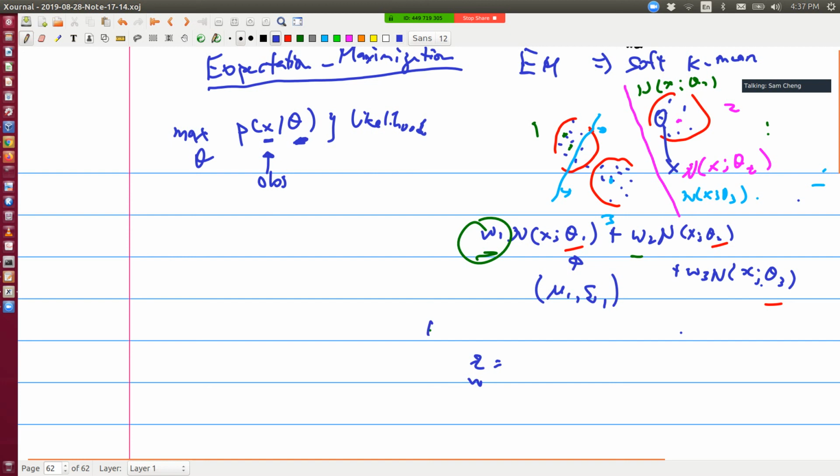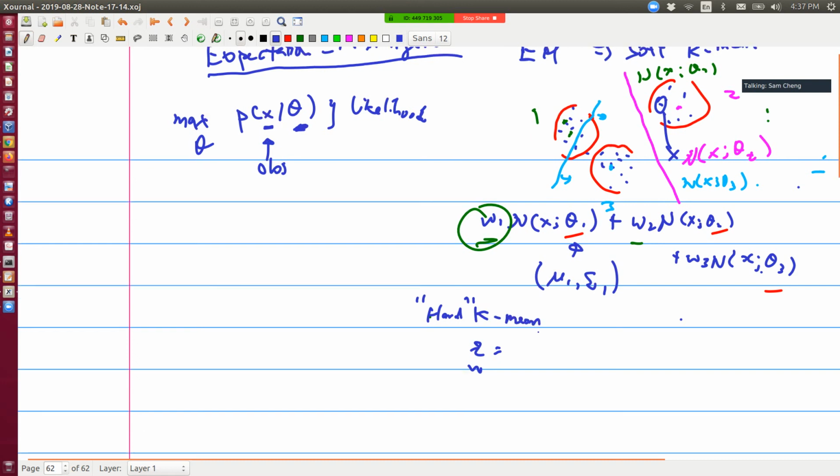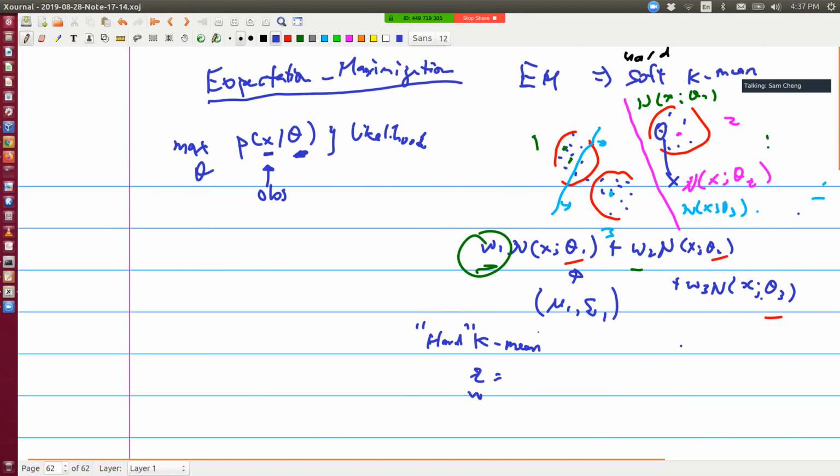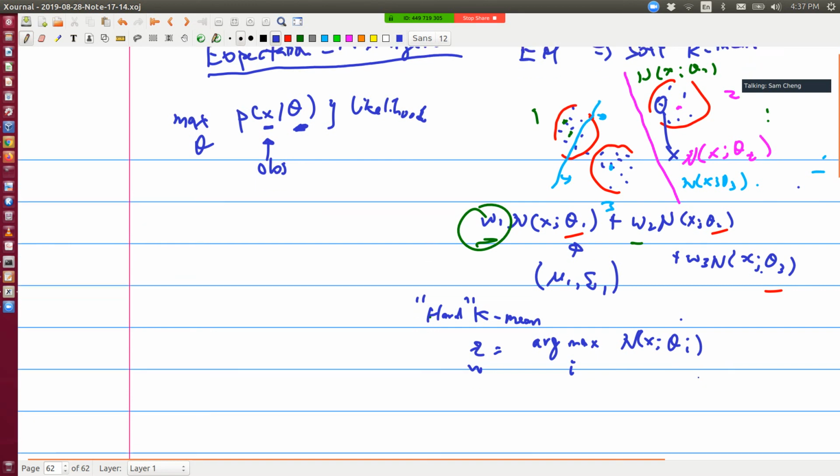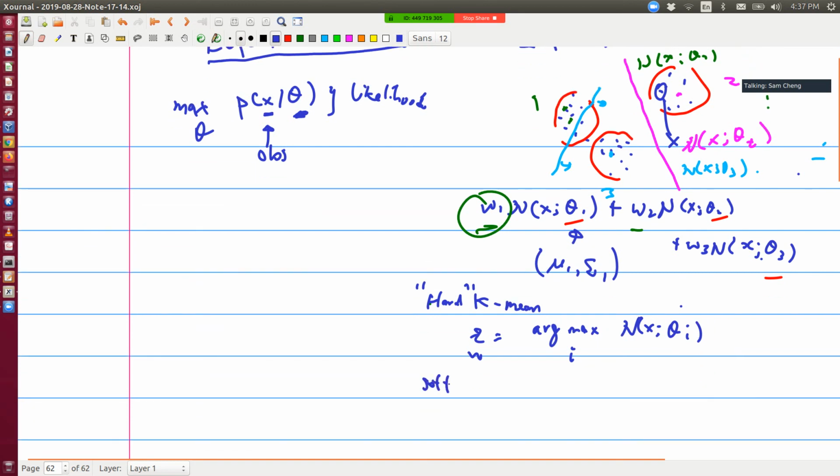For hard K-means, I'm not sure it's called hard K-means, but the other one is soft K-means, so C will be equal to the argmax of N(x; theta i). Pick the cluster that has the highest likelihood.